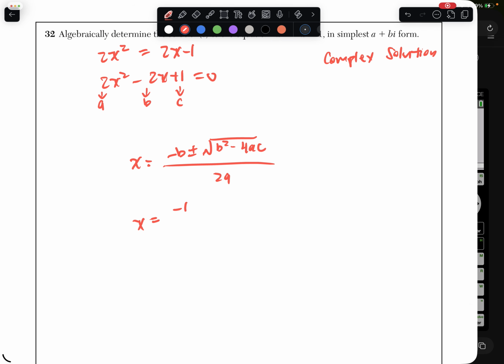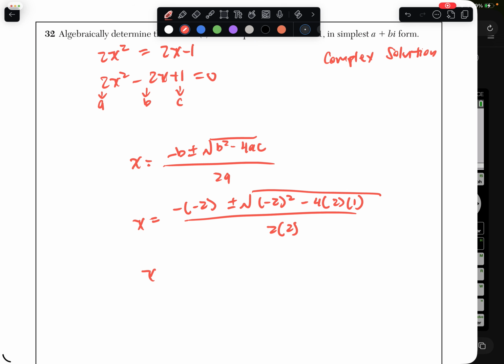So x is equal to negative b, which is negative negative 2, plus or minus the square root of b squared, which is negative 2 squared, minus 4a, which is 2, c is 1, and all over 2 times a, which is 2. So x is equal to 2 plus or minus the square root of 4 minus 8, all over 4.